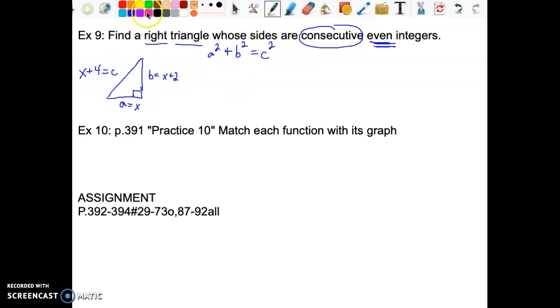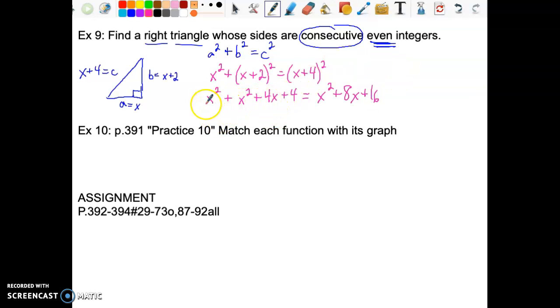So if I were doing this problem then, how do we write it as x squared plus x plus 2 squared is equal to x plus 4 squared. So I would simplify before doing anything else. That this would be x squared plus 4x plus 4. And on the right side, you have x squared plus 8x plus 16.